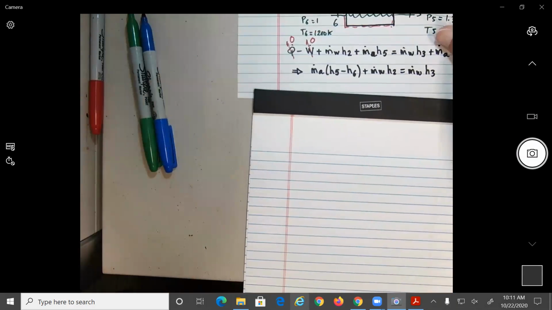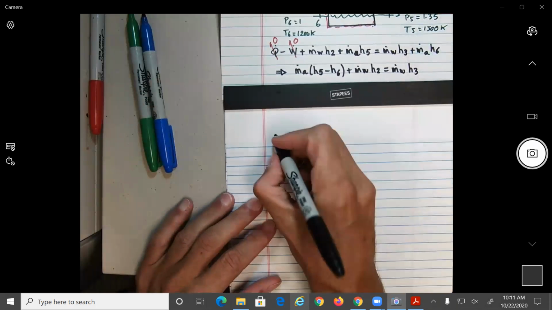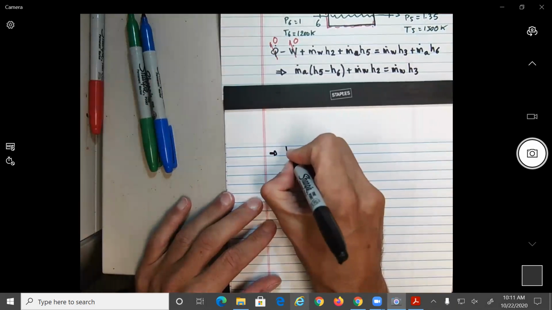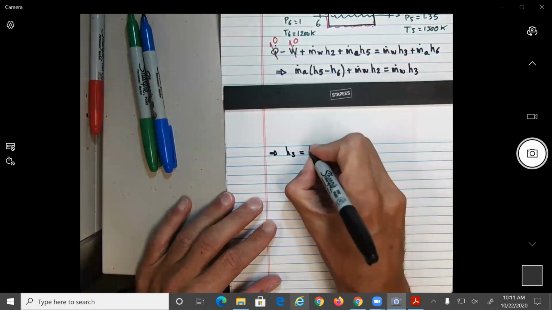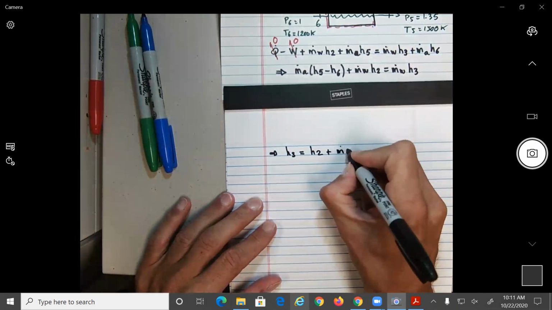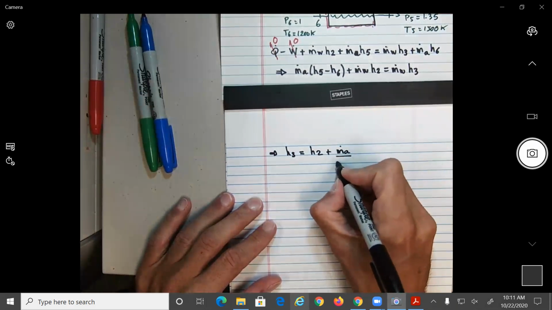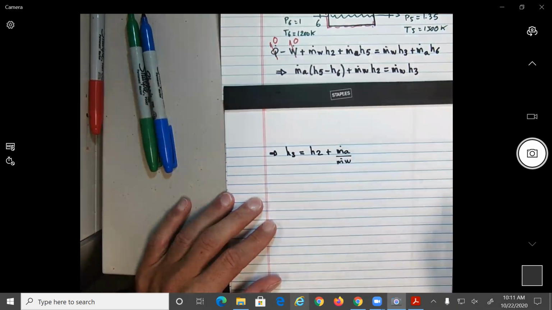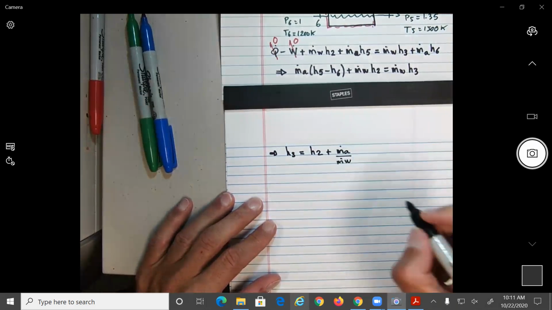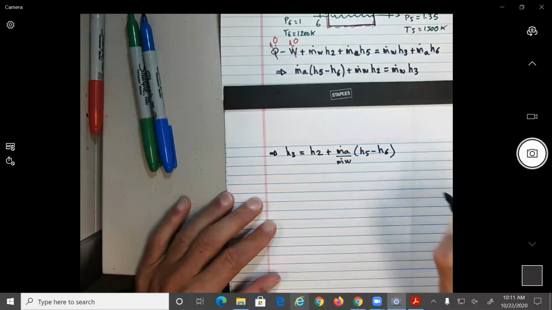So from here I can just solve for H3, which will be equal to what? H2 plus mass flow of air over... Oh, we need to solve for the mass flow of water first. Sorry, for the mass flow of air first. This one here will be H2, H5 minus H6.